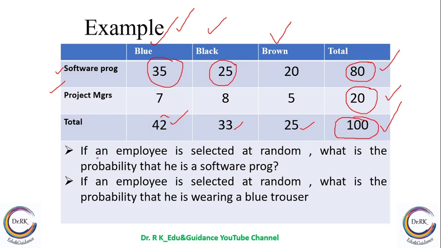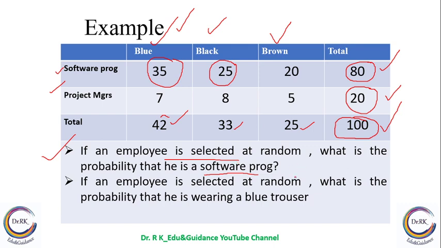So this is the data given. Now, if an employee is selected at random, what is the probability that he is a software programmer? This is the basic question.